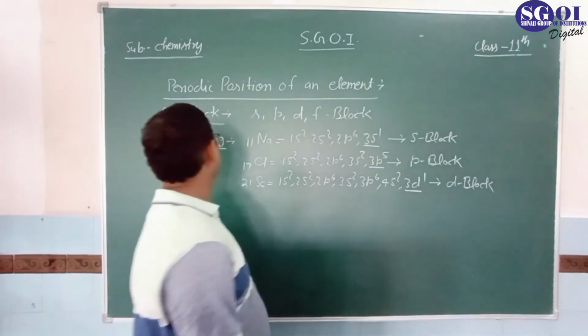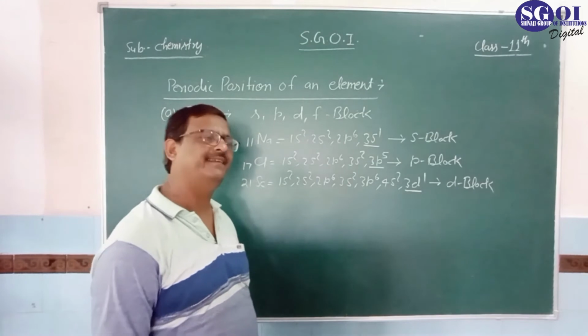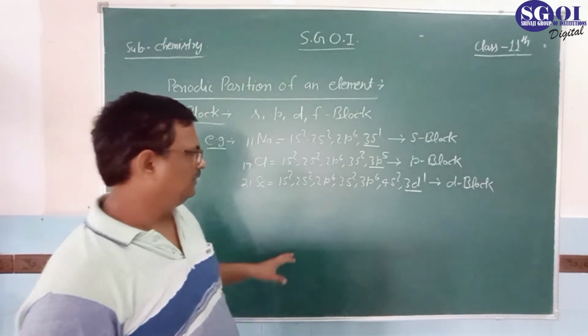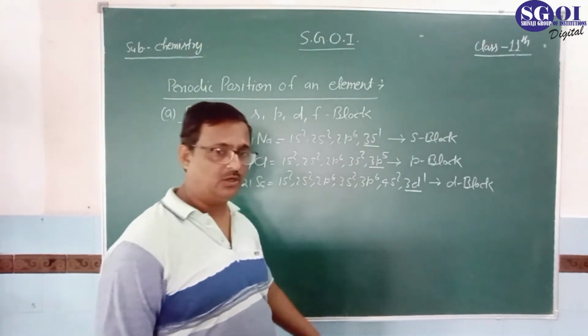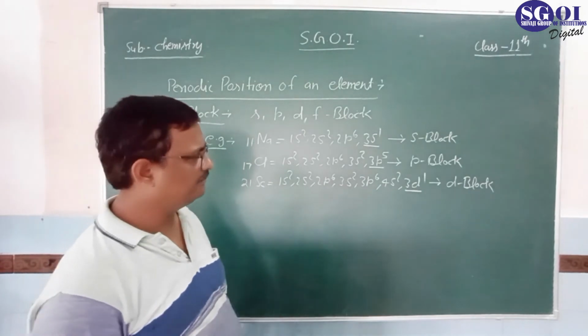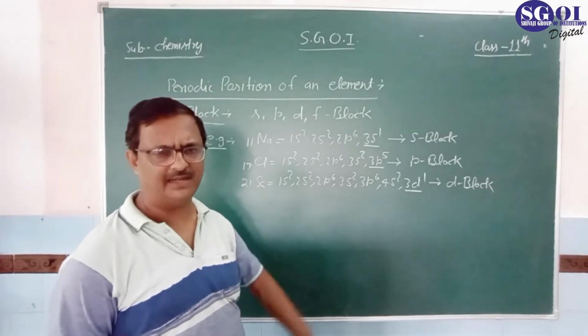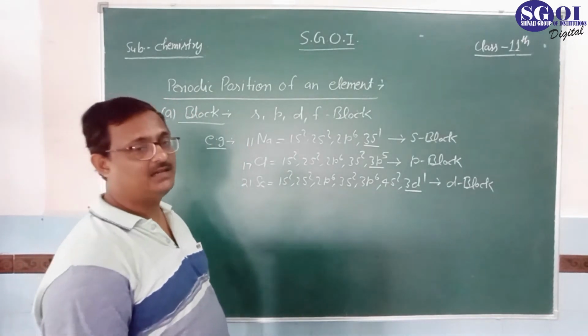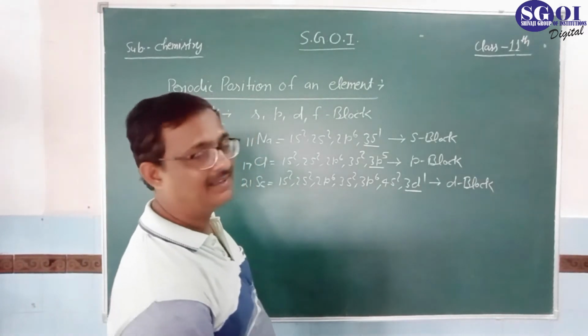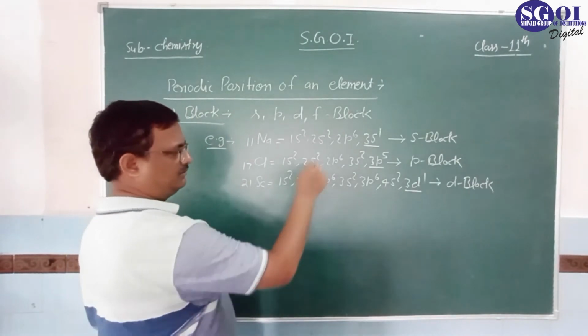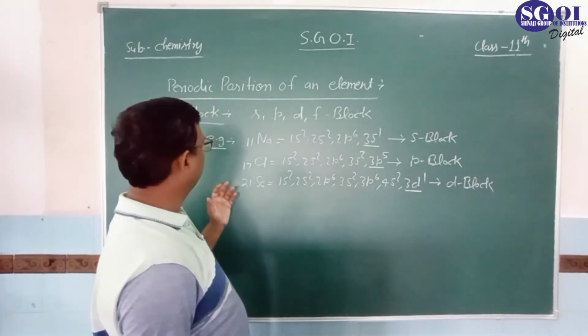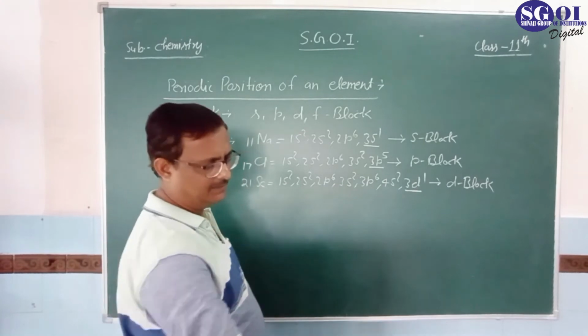So how will you find out the block of an element? The subshell in which the differentiating electron is present is known as the block of that element. Last electron, differentiating electron or valence electron. By this rule, you have to calculate the block of an element.